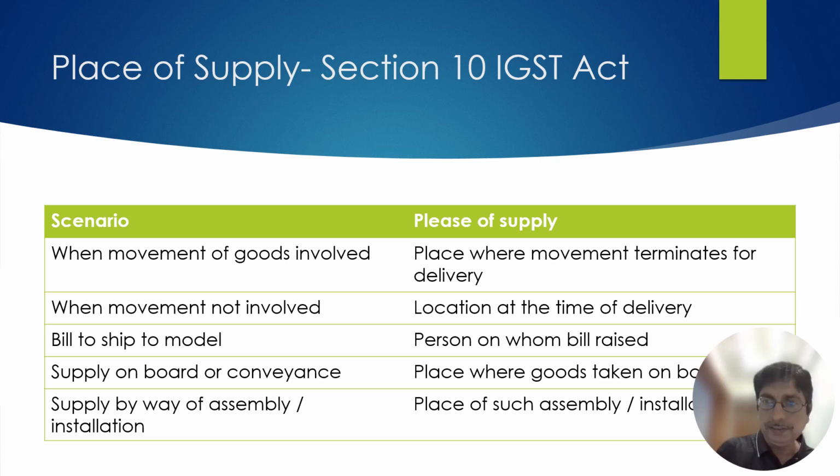Still, this is an interstate supply and IGST is leviable, because the location of supplier is Tamil Nadu, place of supply is Maharashtra. B will in turn raise the invoice on C, and that is also an IGST transaction, interstate nature of supply. I hope I explained bill to ship to model.